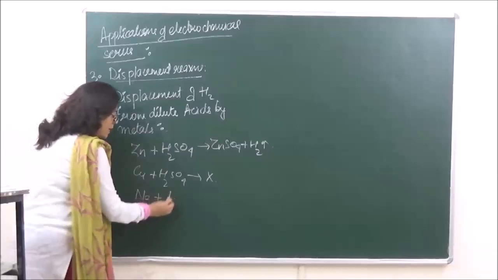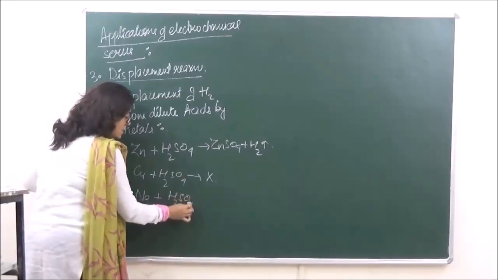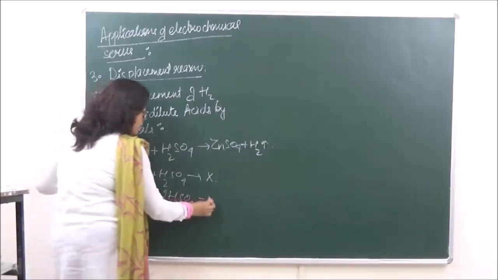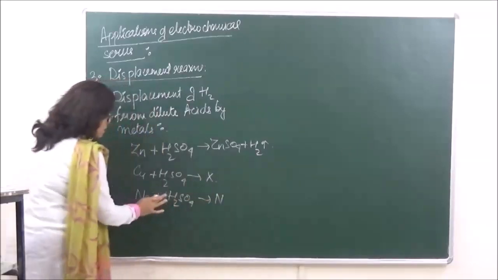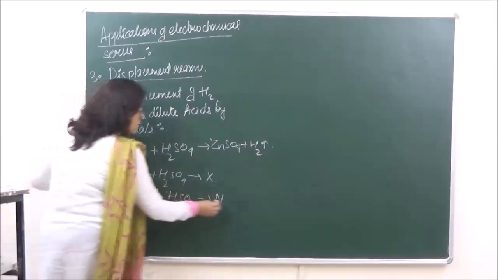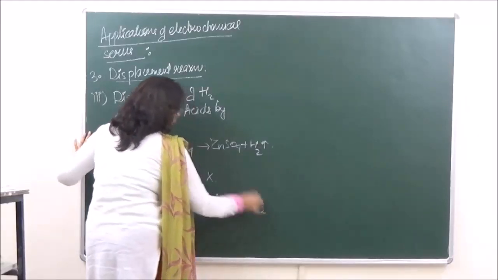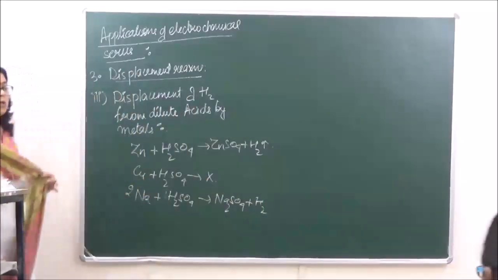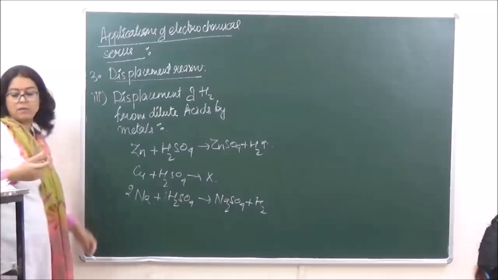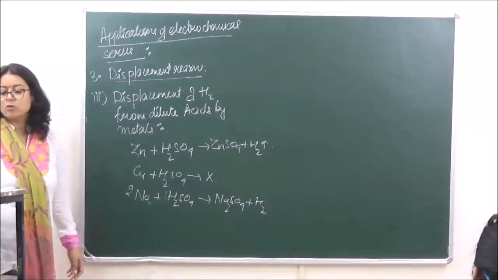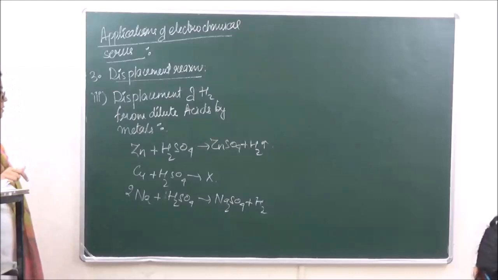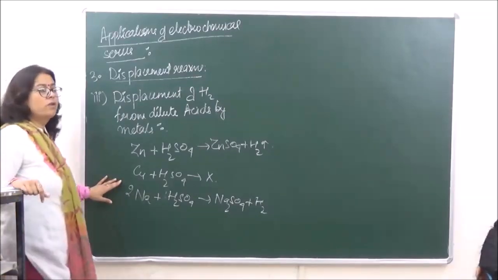So when Na reacts with H2SO4, it gives us Na2SO4 plus H2. So hydrogen is displaced even in this case, as sodium also has a negative value of reduction potential.